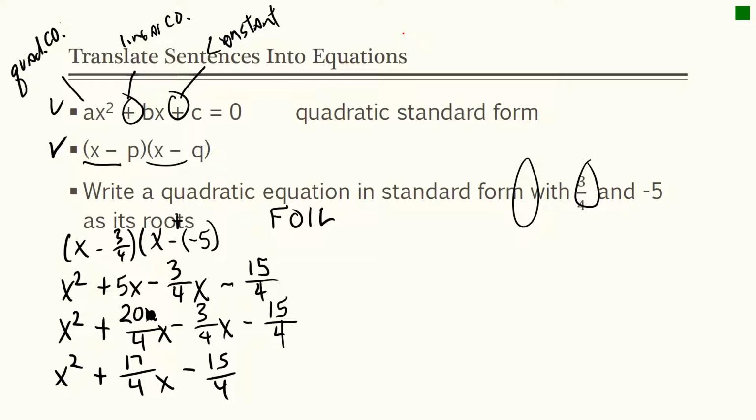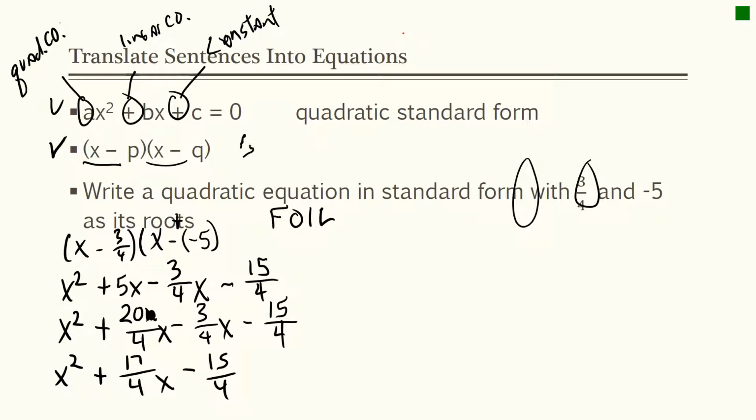Now, that's got me close to where I want to go. But for quadratic standard form, I cannot have any rational numbers, I need integers. And that means I'm going to need to multiply every term in what I have thus far by 4 so I can cancel all these denominators. So I'm going to go up here, and we're going to set this up this way.